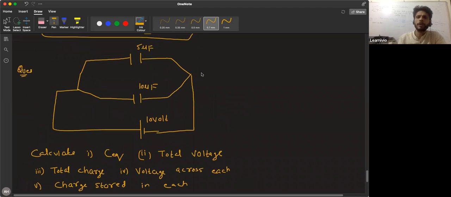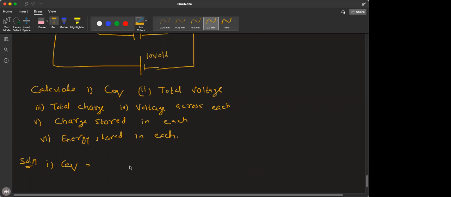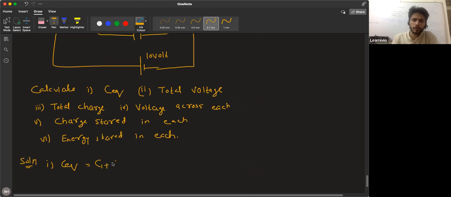So 5 microfarad and 10 microfarad are connected in parallel. How much will be the C equivalent for the combination? If they are connected in parallel, then C equivalent is just C1 plus C2.